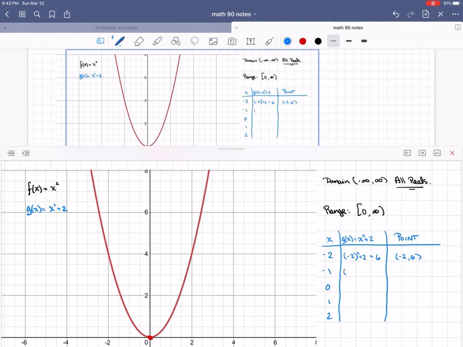If x is -1, we have -1 squared plus 2, which is 1 plus 2, that's 3. So -1, 3. 0 squared plus 2, that's just 2. So we have 0, 2. 1 squared plus 2, that's back to 3. And 2 squared plus 2, that's back to 6.